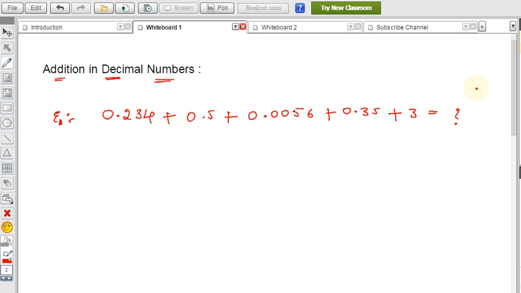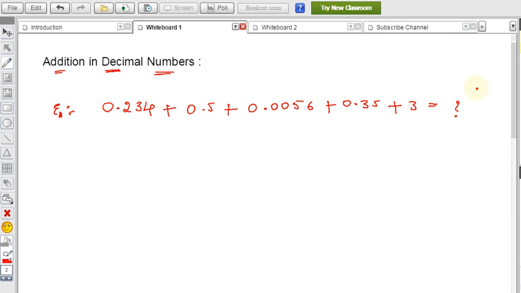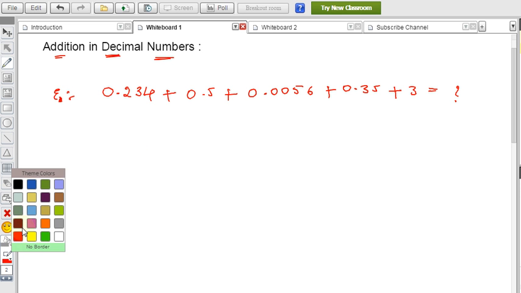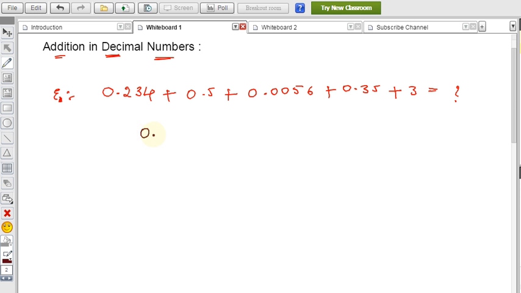You have to write these values in order, so you have to frame a vertical order first. First 0.234. Under the point there should always be a point. This is the main order you need to follow.